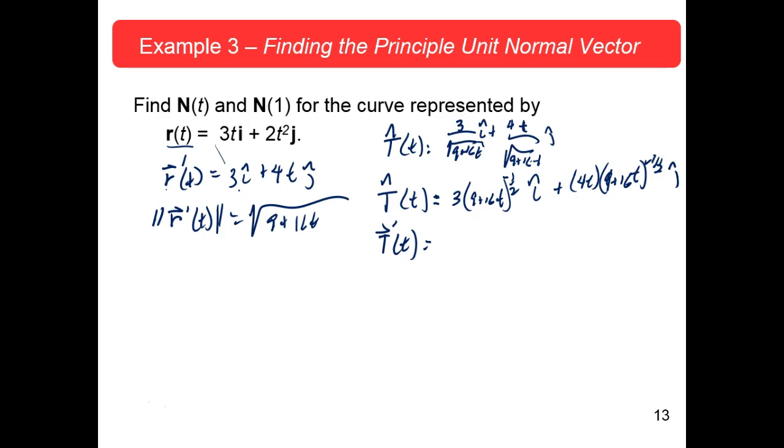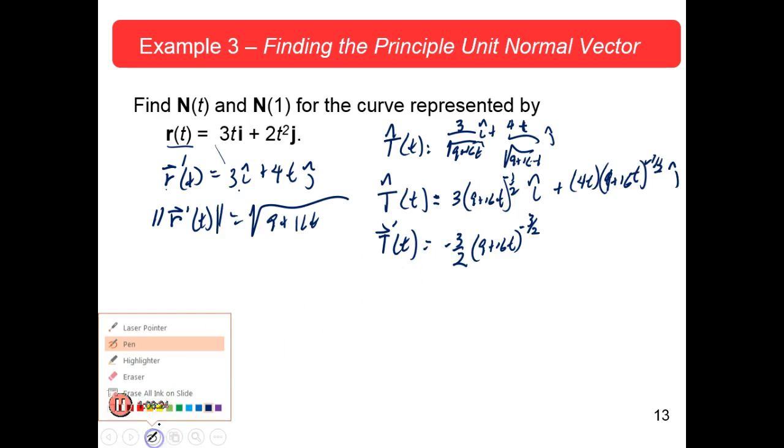So the power rule tells you it's minus 3/2, that's the coefficient, the exponent times the coefficient, times the 9 plus 16t squared, and then you drop that by 1, which would be a minus 3/2 power, right? Then you do the derivative of the inside, the chain rule, and that would be a 16.